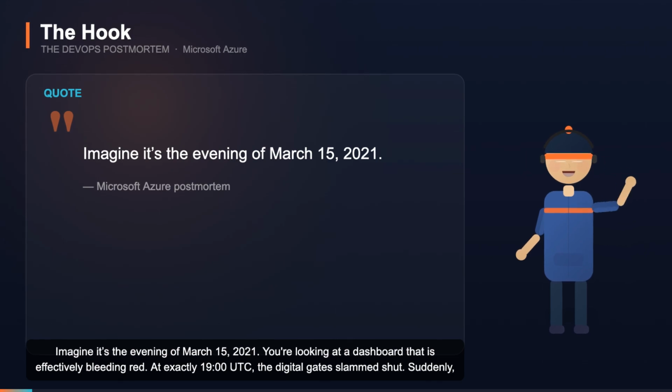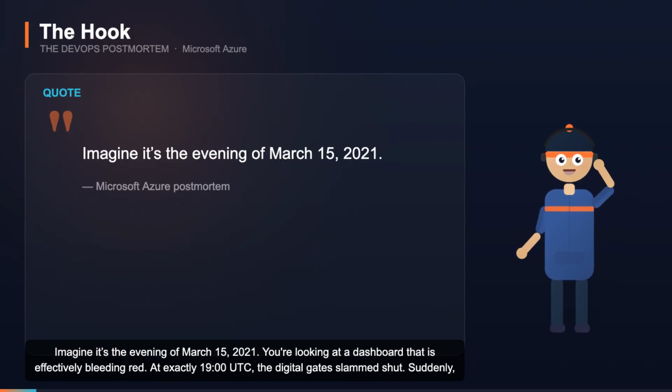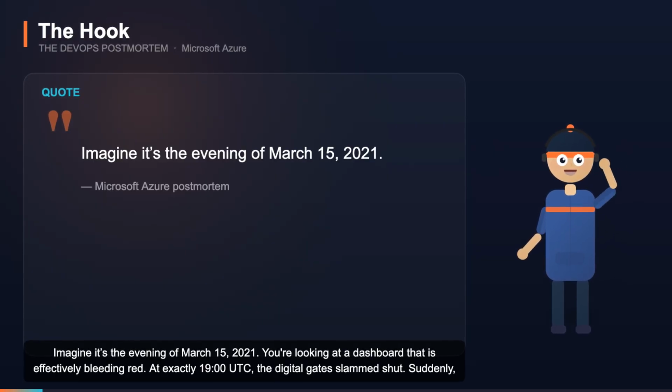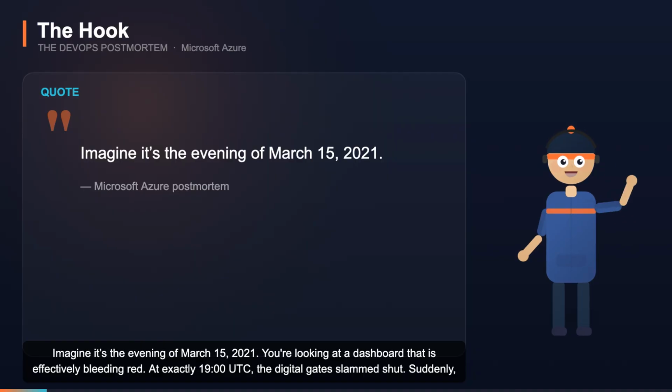Within minutes, the world started to notice. Microsoft 365, Exchange Online, the backbone of modern corporate communication, all went dark simultaneously. From the Azure Admin Portal to third-party apps relying on these identities, everything was locked out.